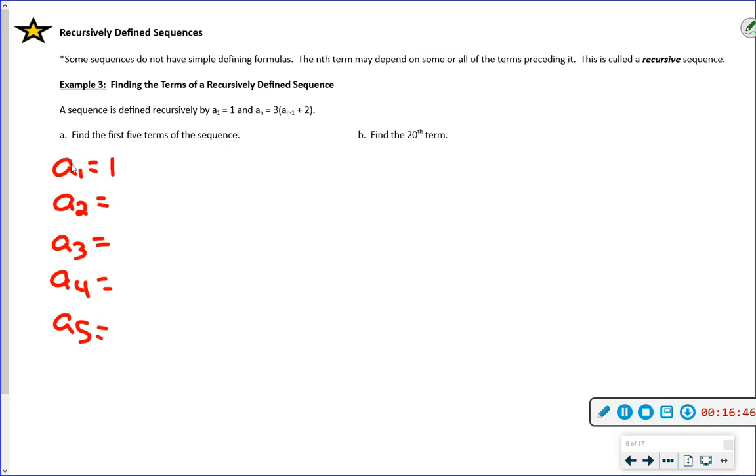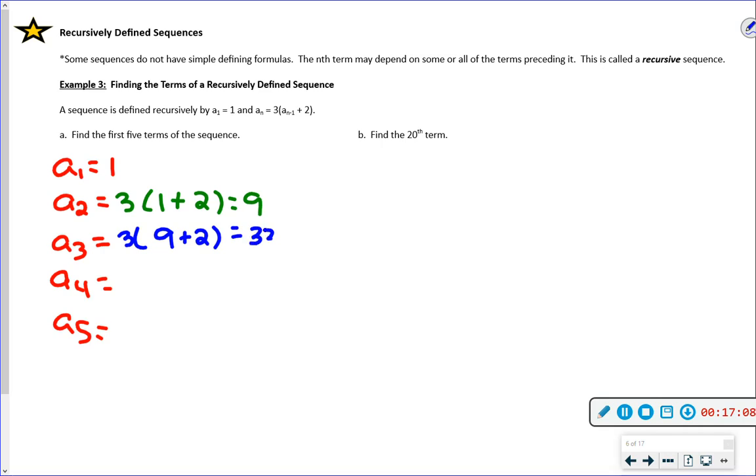So to get the next one, we're going to have our 3 times the last term, which was 1, plus 2. All right, I'm going to do mental math at 3 times 3. Got it. To get the next term, we've got the 3 in the front, previous term, which was 9, plus 2. So now I'm really doing 3 times 11.